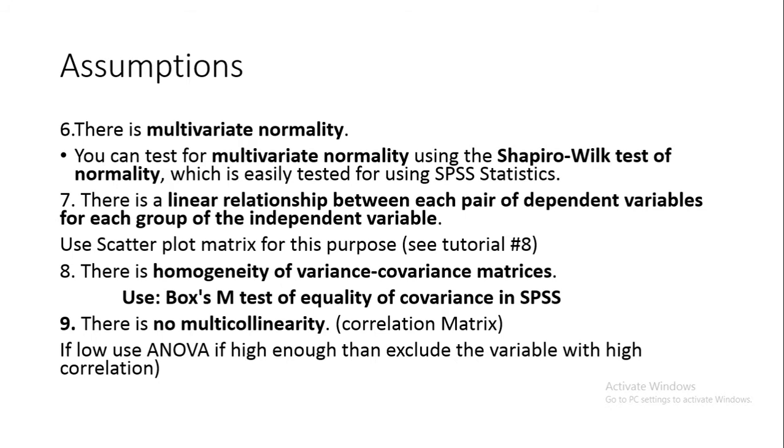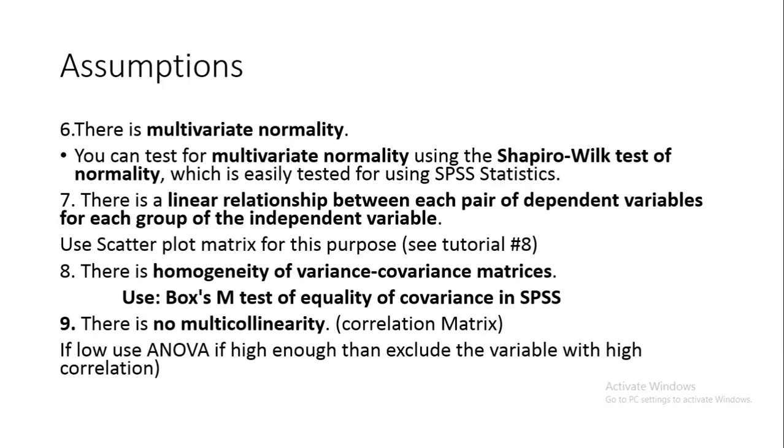We can check whether the pairs of response variables, that is y1 and y2, y3 and y4, are linearly related with each other in each group. For this purpose you can use a scatter plot matrix for each group. You can see tutorial 8, where we already learned how to construct scatter plots and scatter plot matrices for multivariate data.